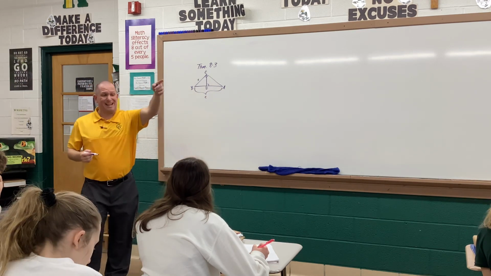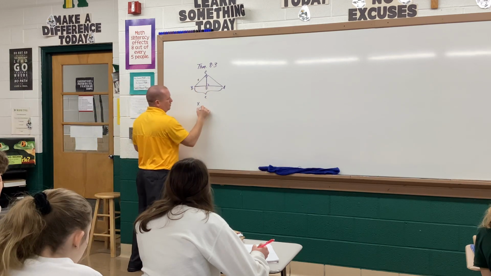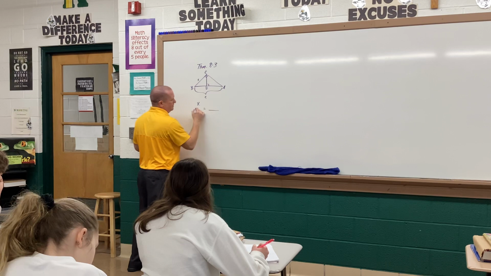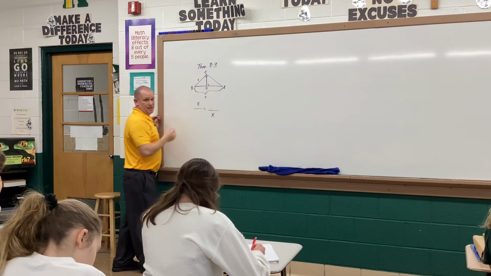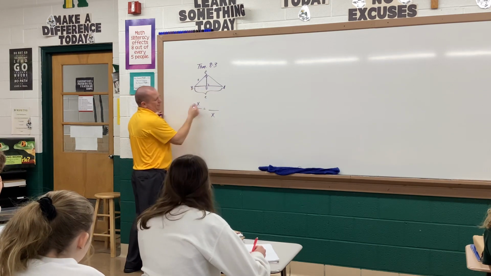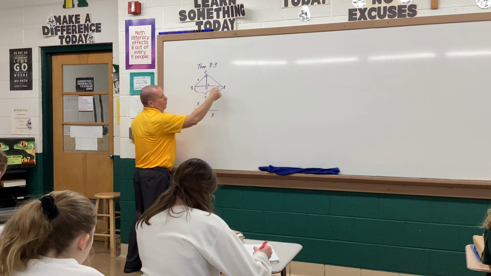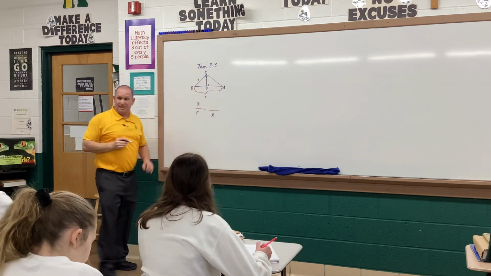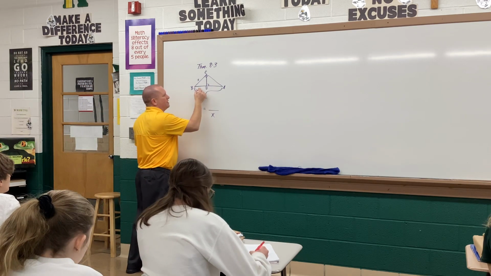So what this is saying now is that x would be the geometric mean because it is the length of one of the legs. One of the legs, right? Is the geometric mean, so it has to be diagonal across from each other, to the whole hypotenuse, which is C, and then to the adjacent part of the segment.